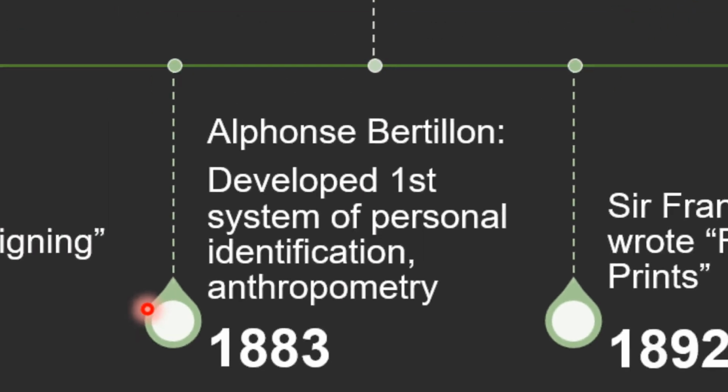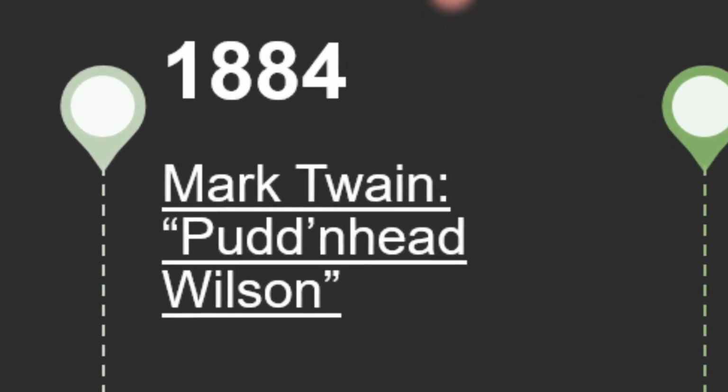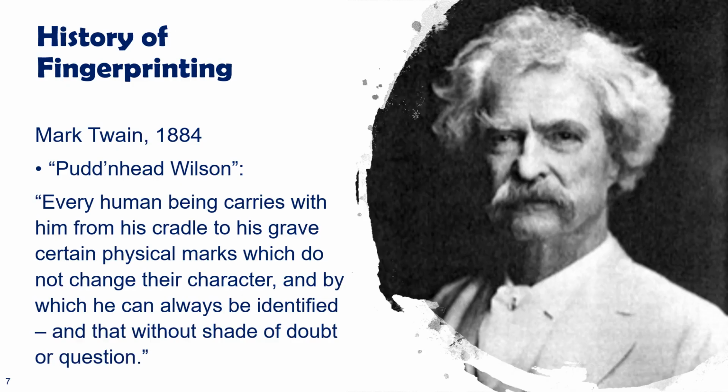We'll get back to this system shortly, but meanwhile, let's talk about Mark Twain, the famous author who I'm sure you're familiar with. So he wrote his novel Pudd'nhead Wilson in 1884. Now, the story is about two boys who look similar and switched at infancy, while each grows into the other's social role, either the slave or the master of the house.